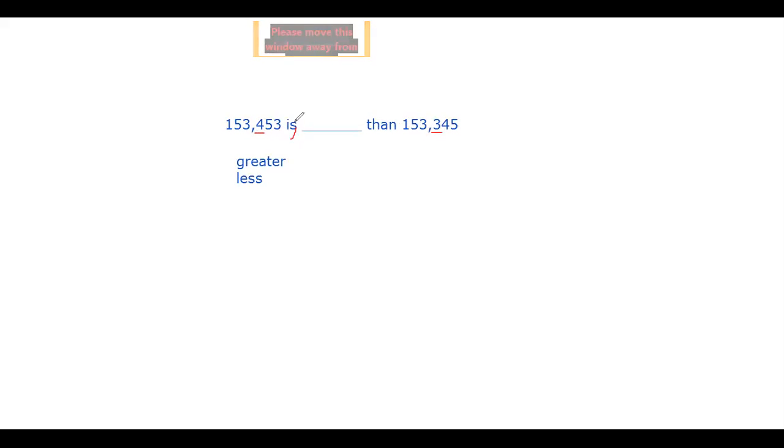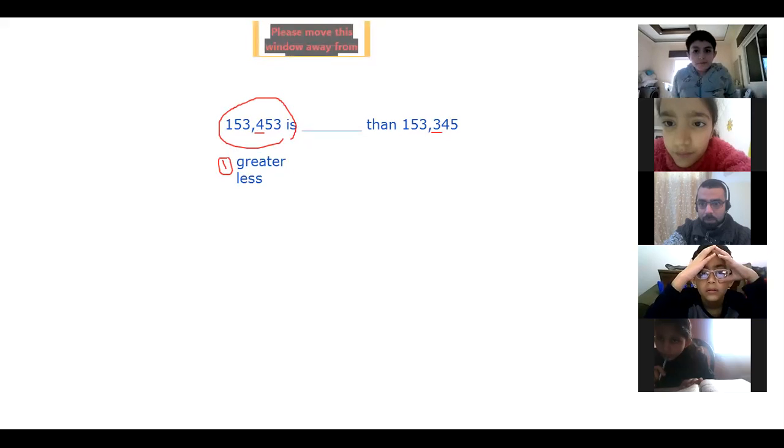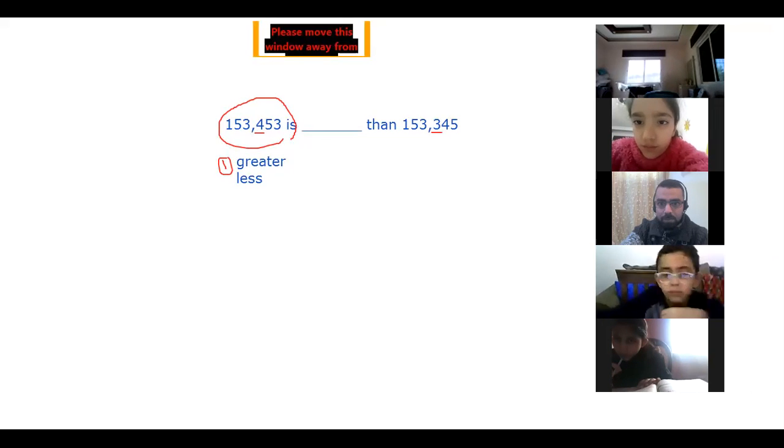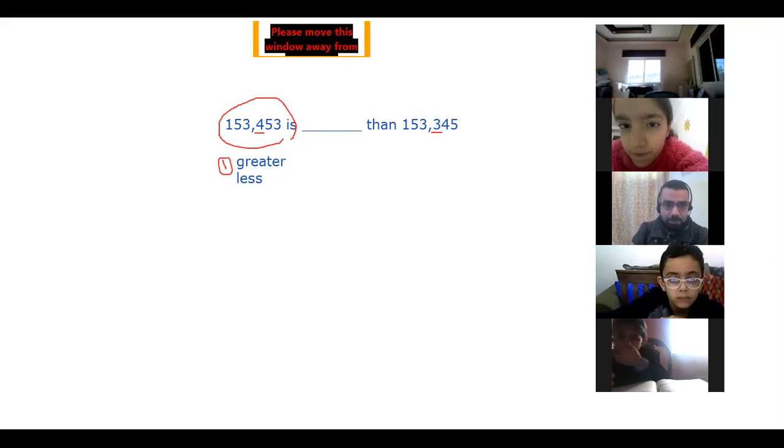So this whole number will be greater than this number. So you will choose option A, greater than. Do you see this? Do you have a problem with this? So this is the first question that will be in the exam. You will choose greater than or less than. Is there any problem with that?